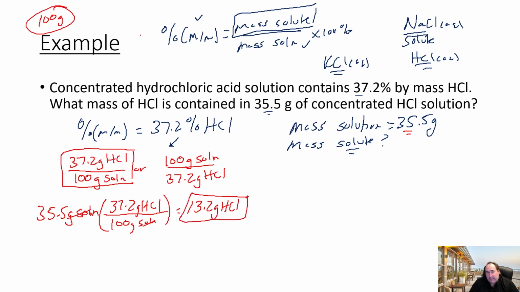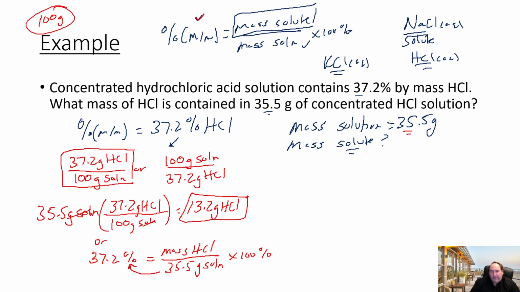Now, could you have plugged and chugged into this equation? Absolutely. You could have gone this way: 37.2% equals my mass of HCl, which I'm looking for, divided by 35.5 grams of solution times 100%. So we would multiply the 35.5 to the other side, which is essentially what we did right here.